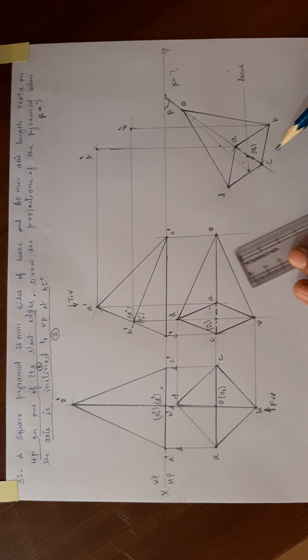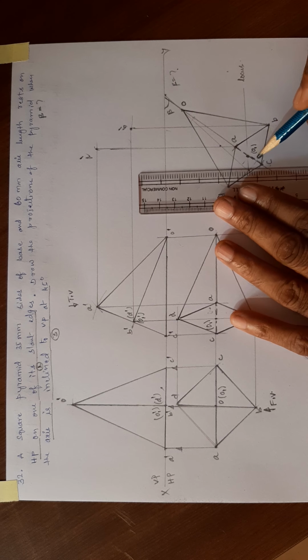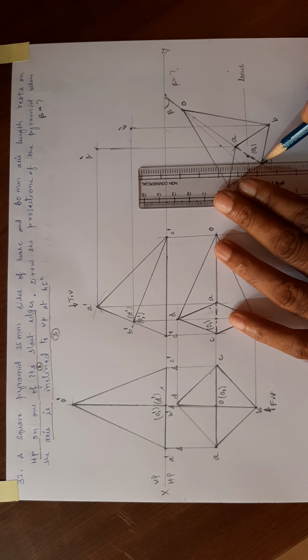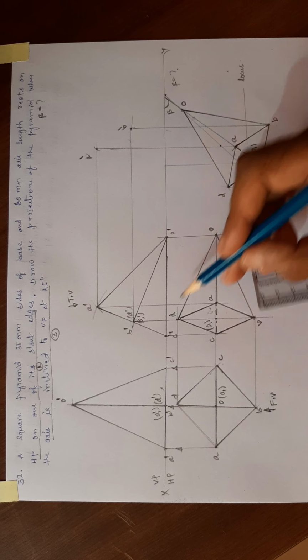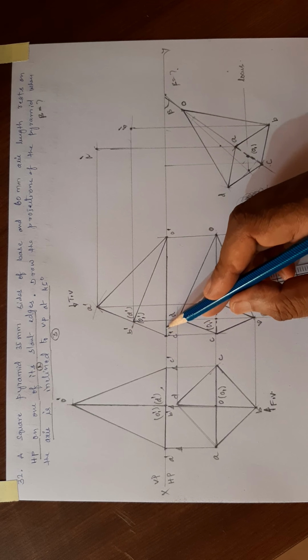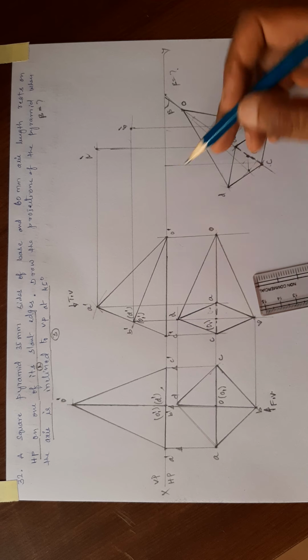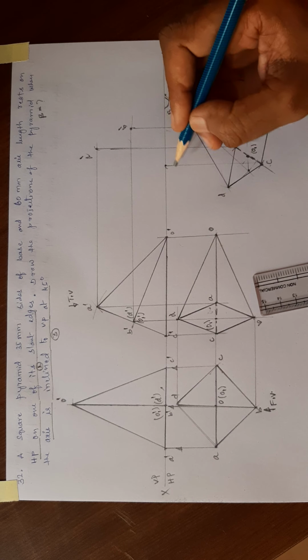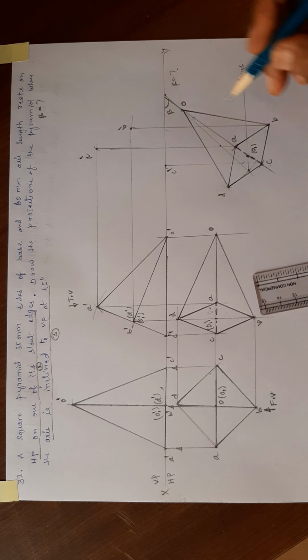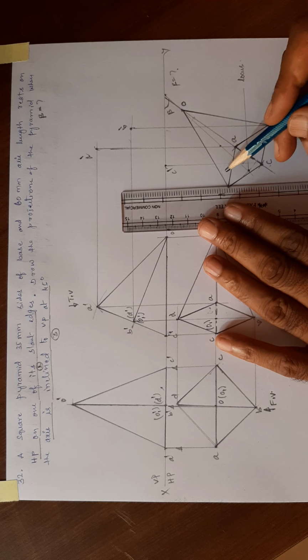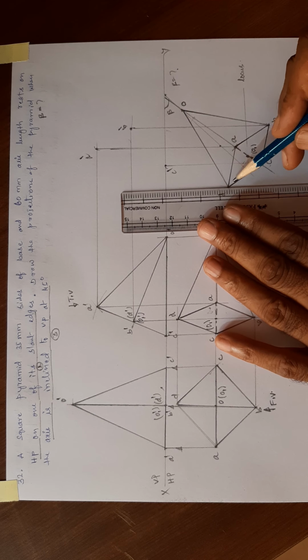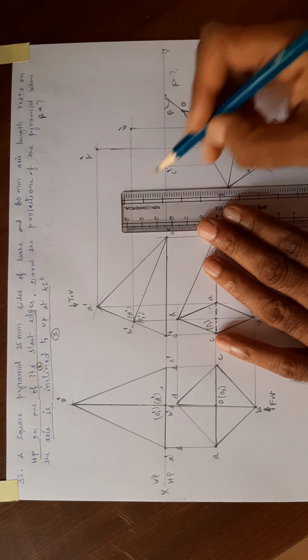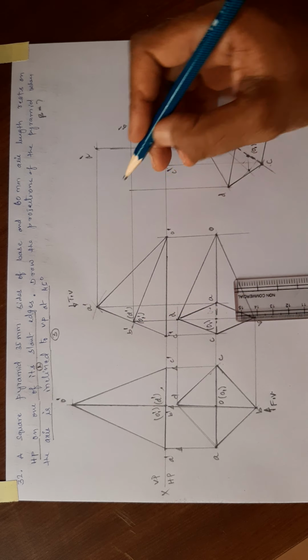Vertical projector line from C. Now the C point is on the xy line only. See here, C dash you will get. Now this point is C dash. Similarly, vertical projector line from D, and horizontal projector line from D dash.